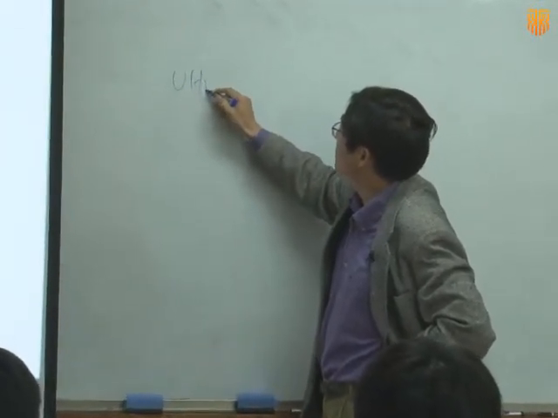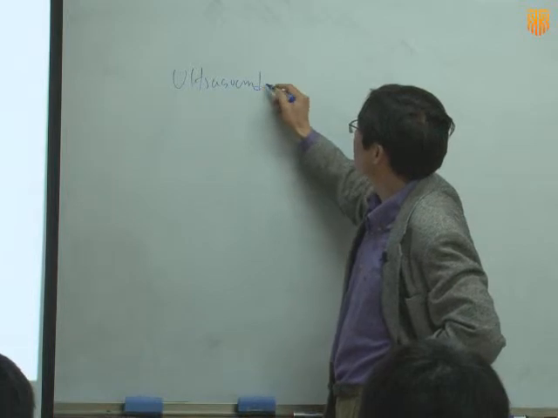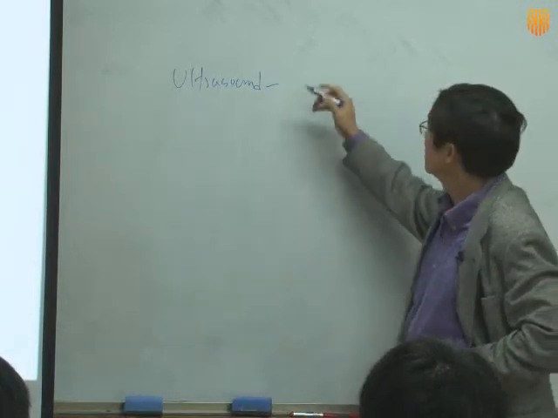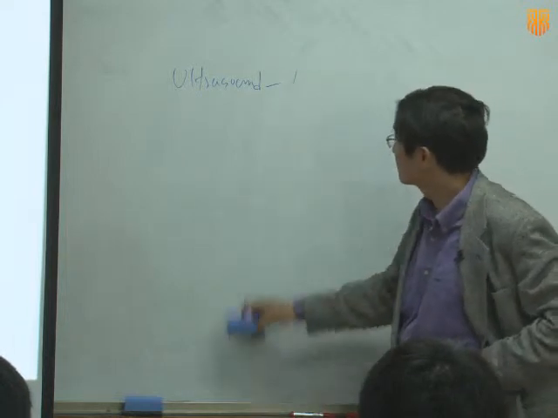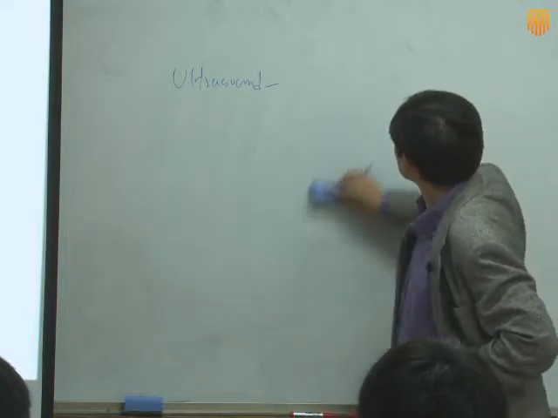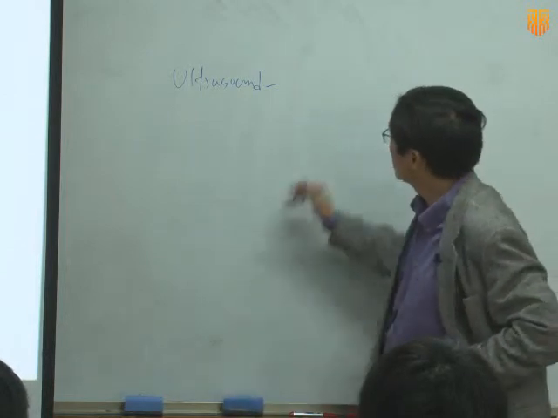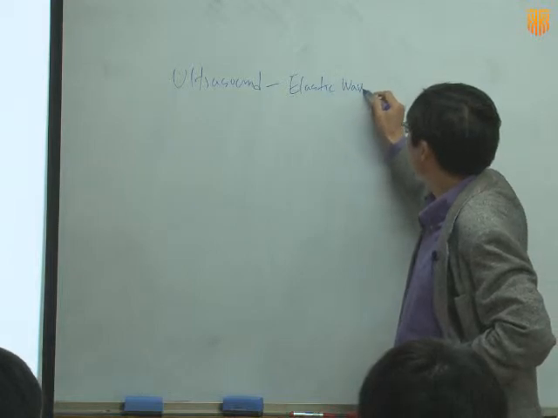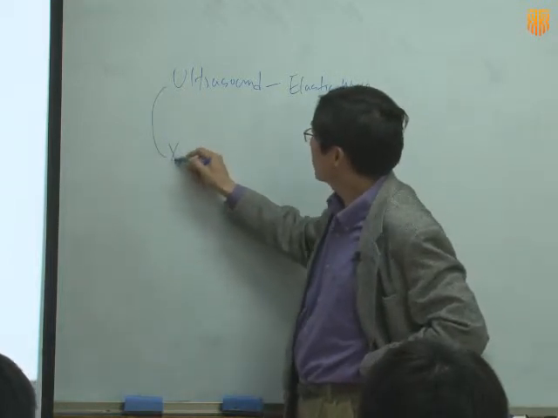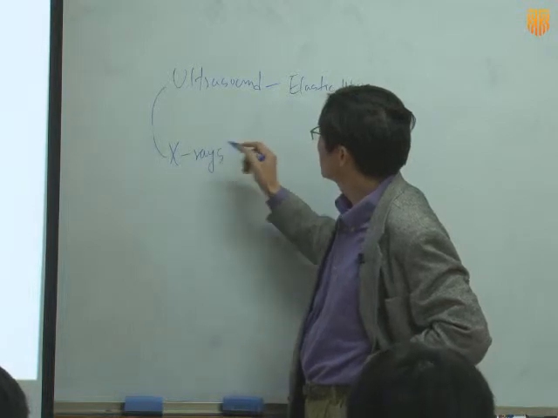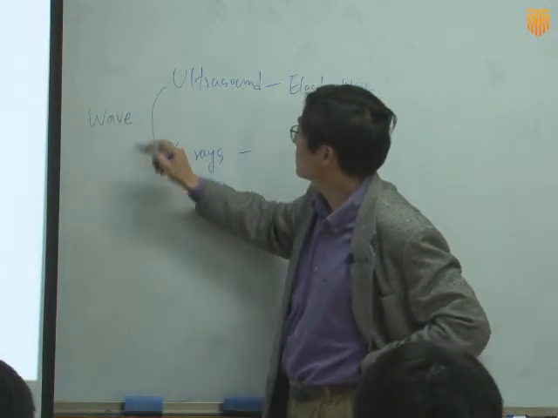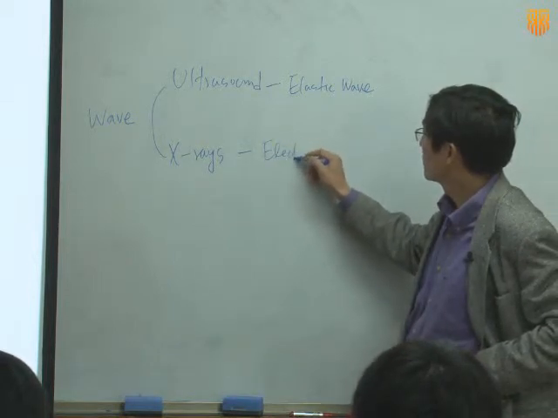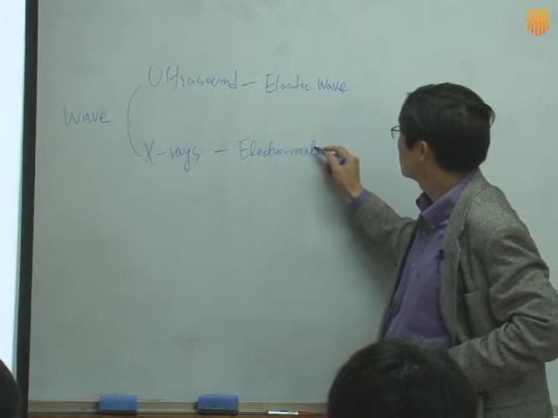So ultrasound is called, in professional terminology, an elastic wave. Ultrasound and X-ray are all waves, right? 다 wave예요. Ultrasonic wave, but this one is electromagnetic. Totally different.